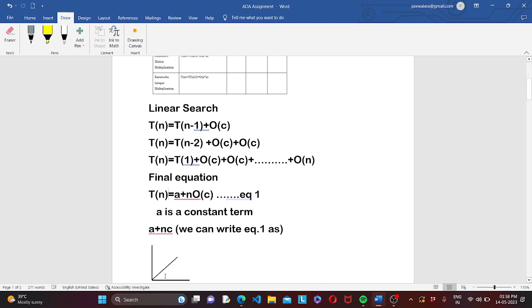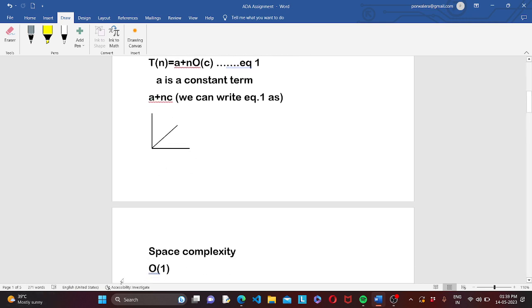So our function goes linearly. This graph representation shows that our function grows linearly with the input size, and the space complexity for the same will be O(1).